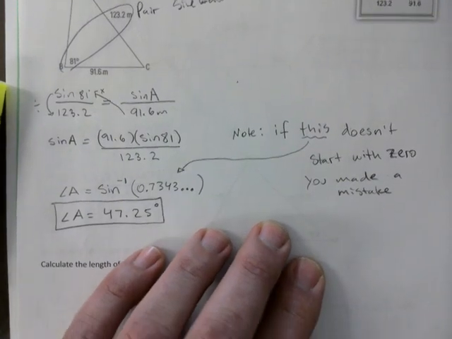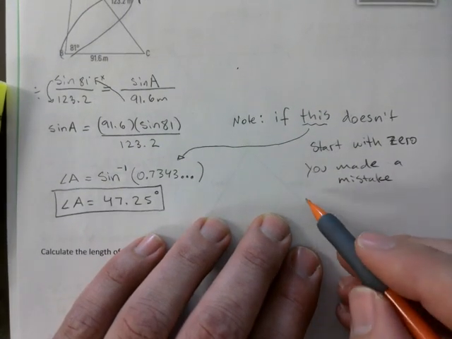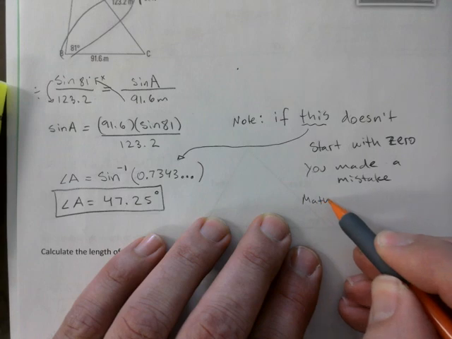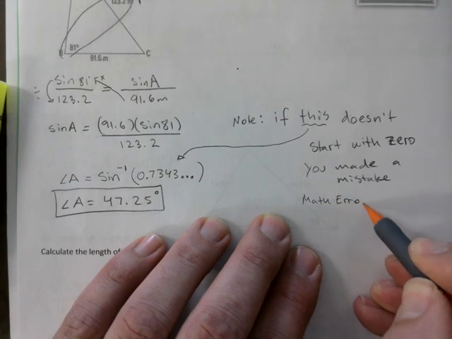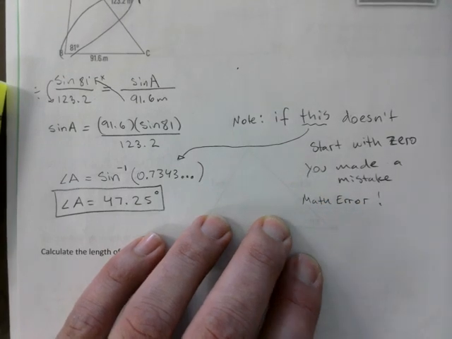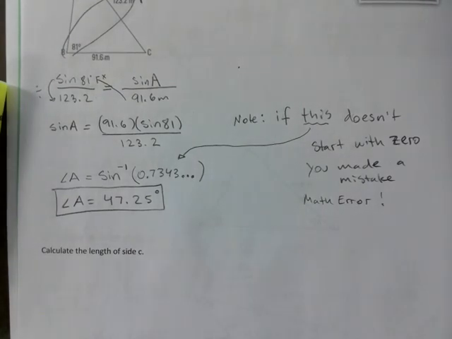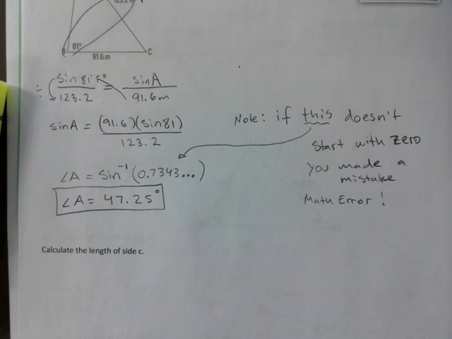You're probably going to get math error or some kind of error message, if that's the case. So if you ask me on a test or a quiz, I'll just say, check your work. Go back to your triangle. Are you maybe crisscrossing?